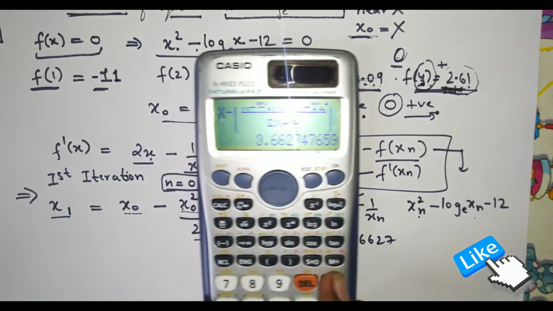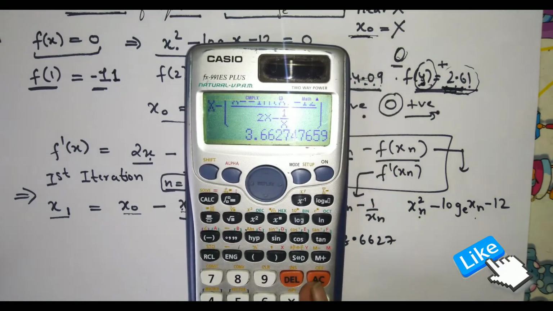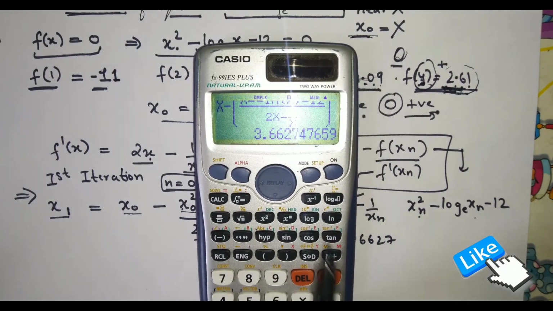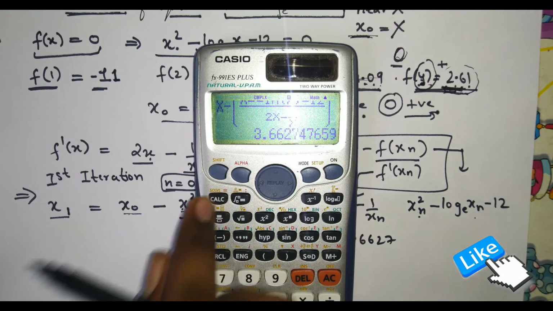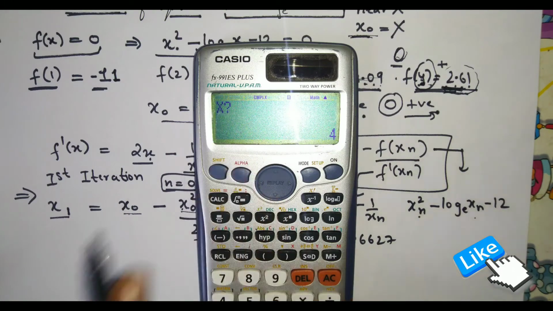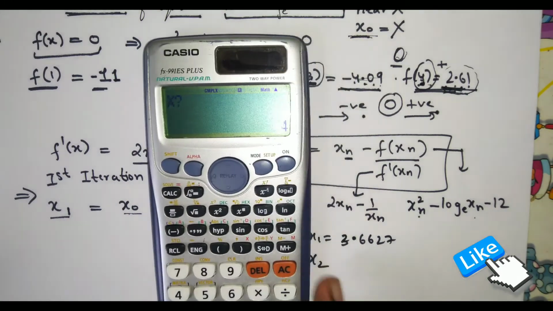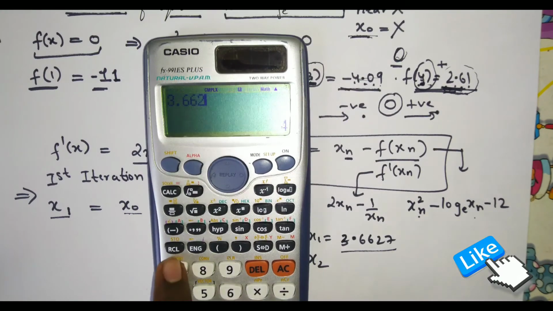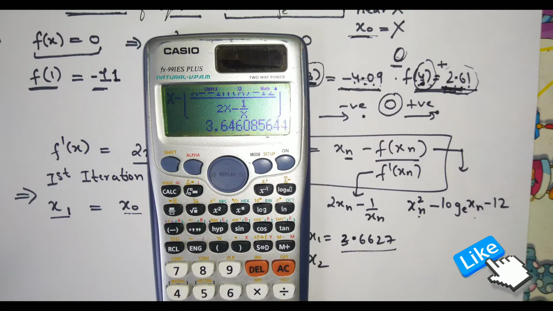Again what you have to do, no need to feed the expression again, just give this value again as the x value. See, again you press calculate, they are asking for the x value, so you have to give the x1 value, that is 3.6627, press equal to, you will get the x2 value, that is 3.6460.